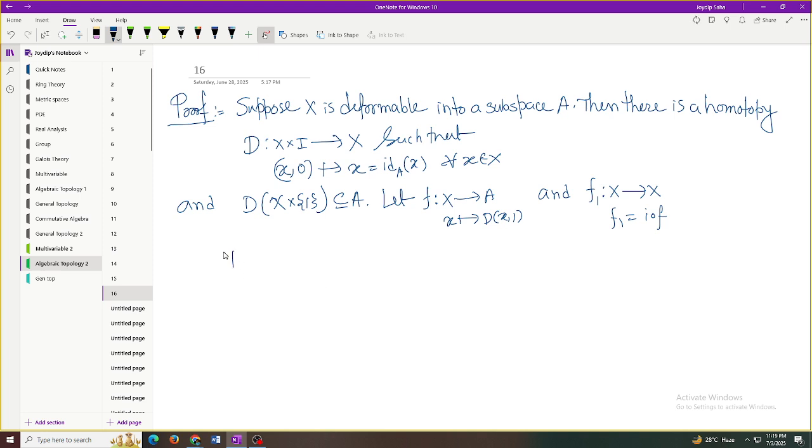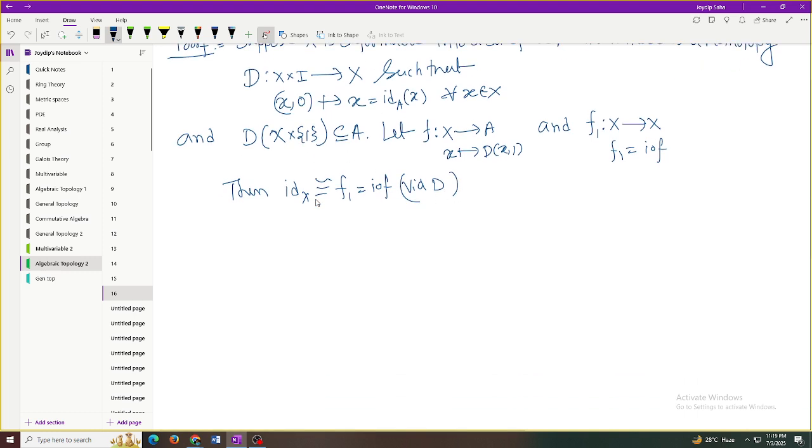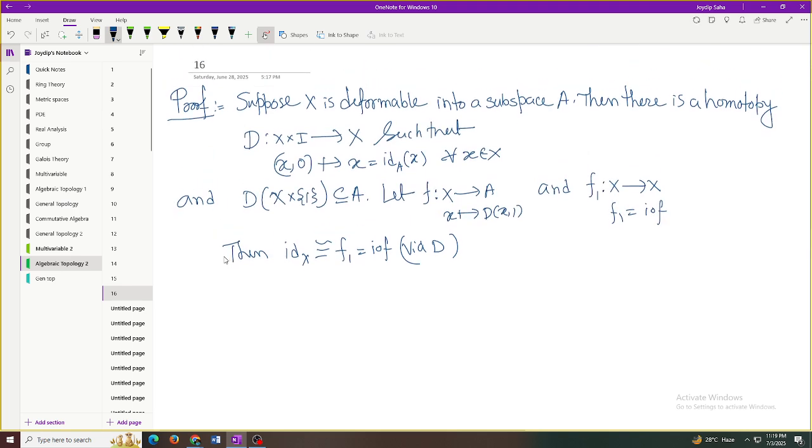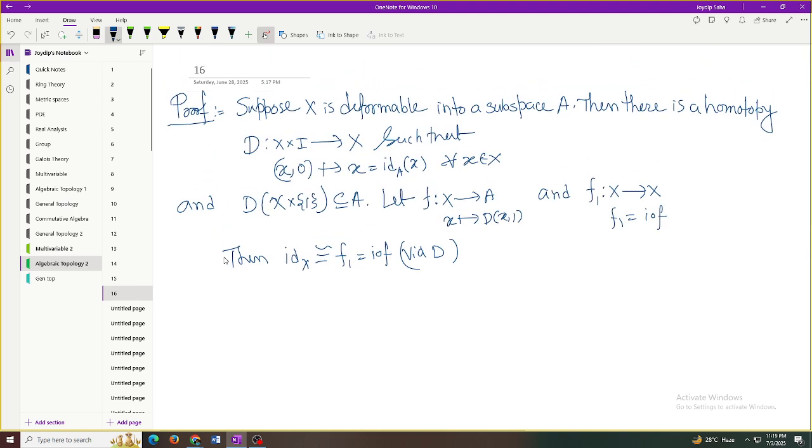Then identity of X is homotopic to f1 equals i composed with f via D. Via means by D. Conversely, so if it is deformable, then you know that the inclusion map has a right homotopy inverse.